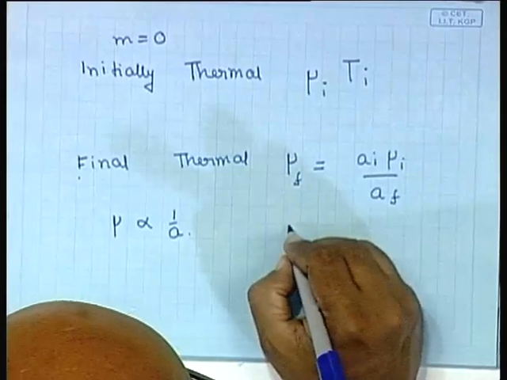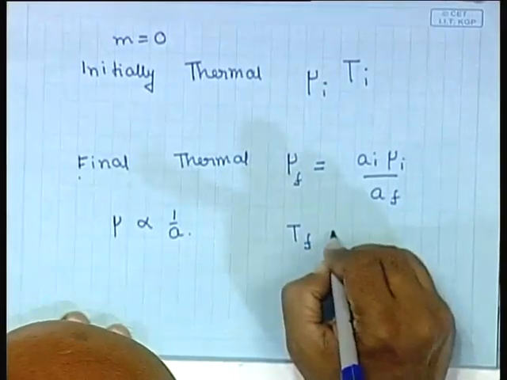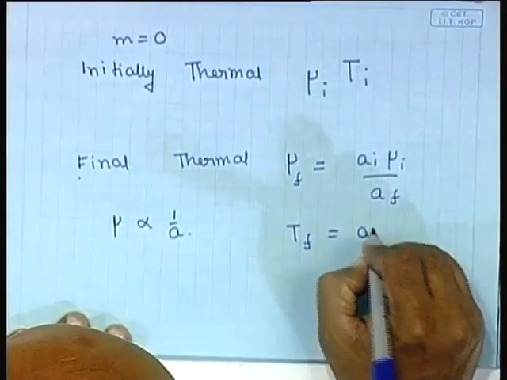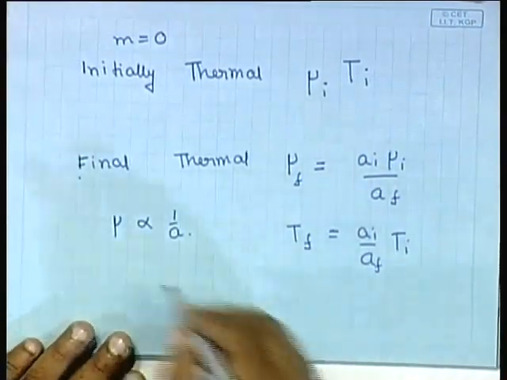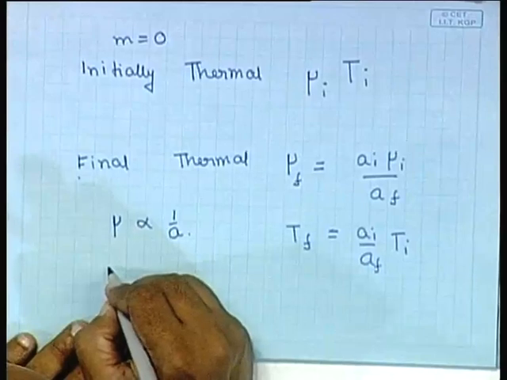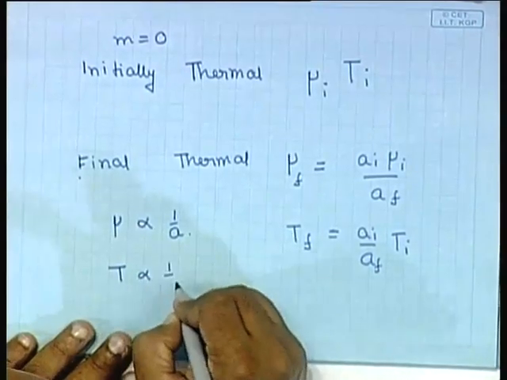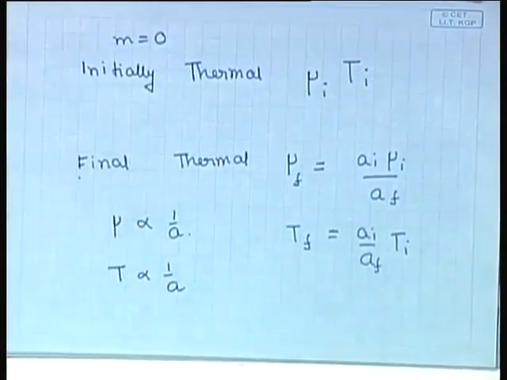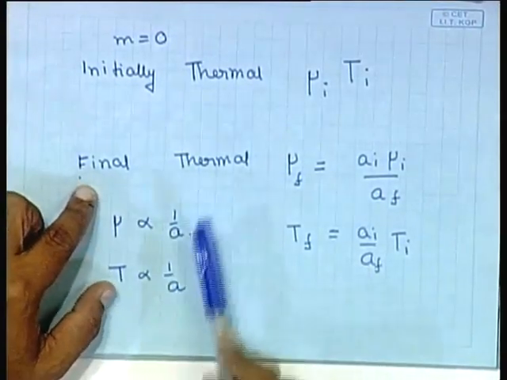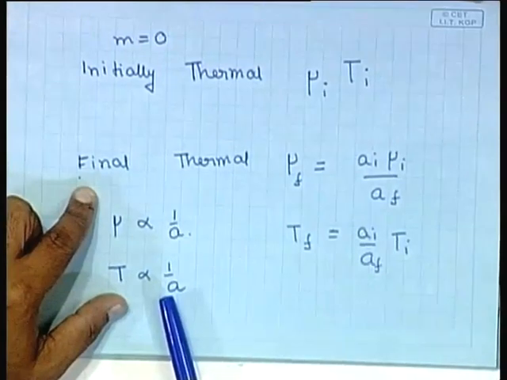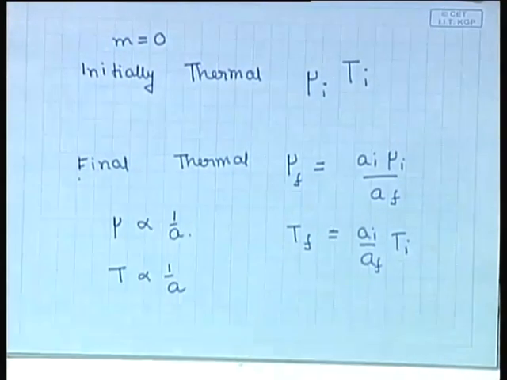The final temperature T f is equal to A I by A f T I. The temperature of this distribution also scales inversely with the scale factor. So, I start off with a thermal distribution, the distribution remains thermal, just the temperature gets scaled inversely with the scale factor, and the chemical potential also scales inversely with the scale factor.